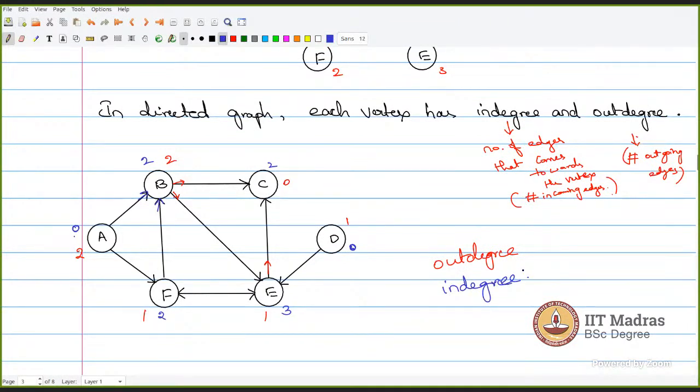So we have two different degrees for each vertex in a directed graph. And remember, a strong note: degree is not equal to in-degree plus out-degree.